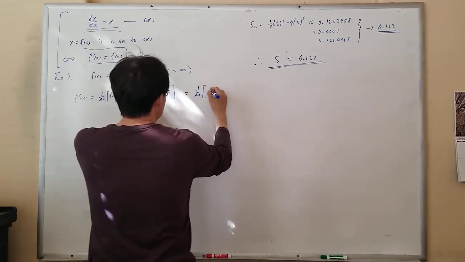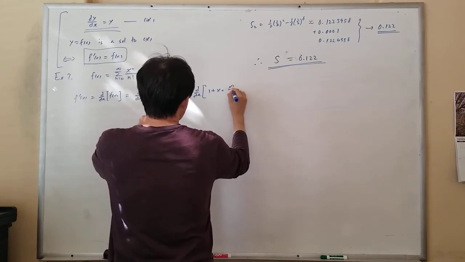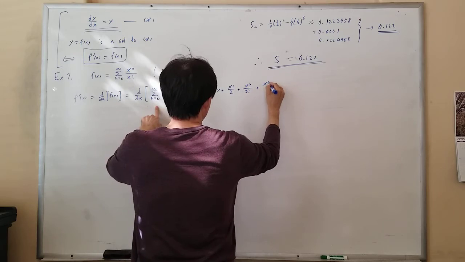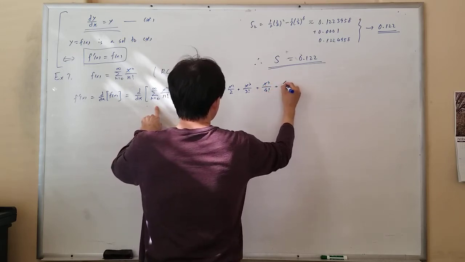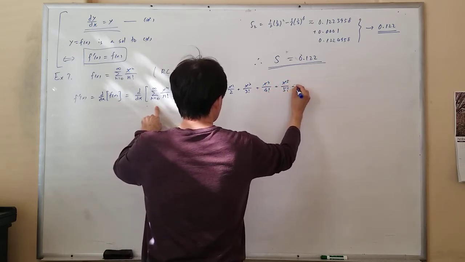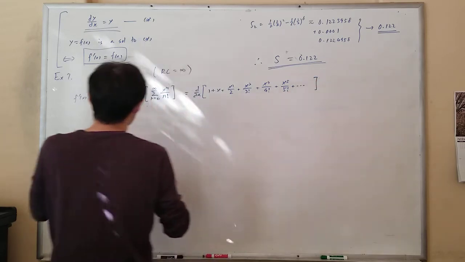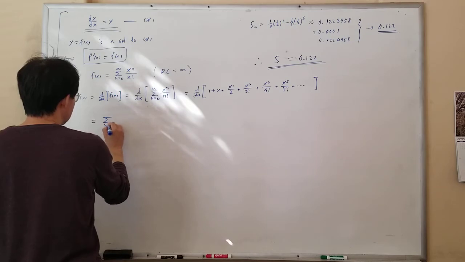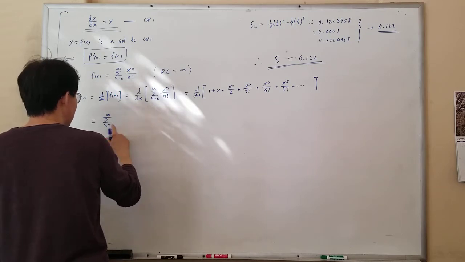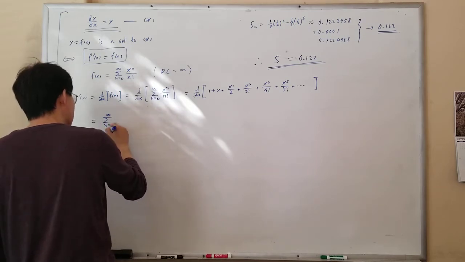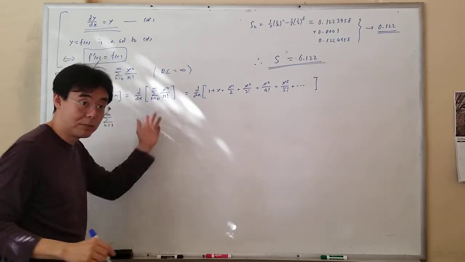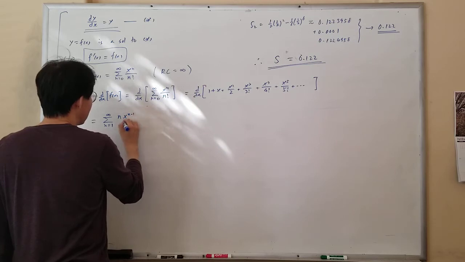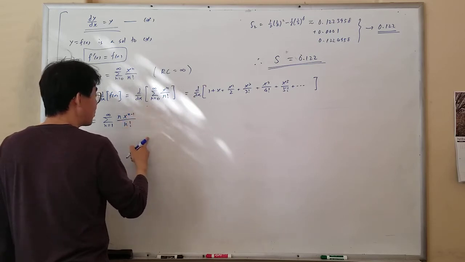So that would be 1, x, x squared over 2 factorial, x to the third over 3 factorial, x to the fourth over 4 factorial. Keep going, right? If you do term by term differentiation, starting from 1, this constant term will be 0, n times x to the n minus 1 over n factorial.